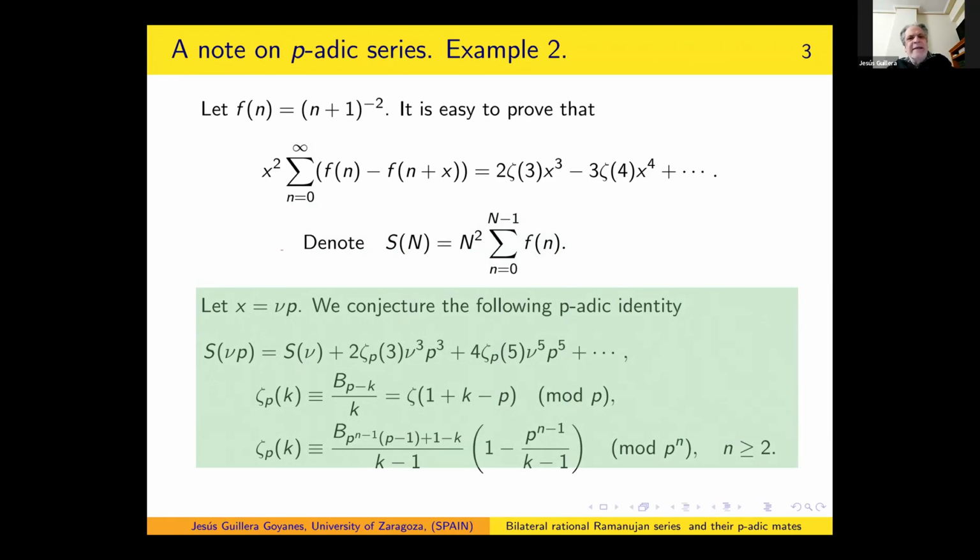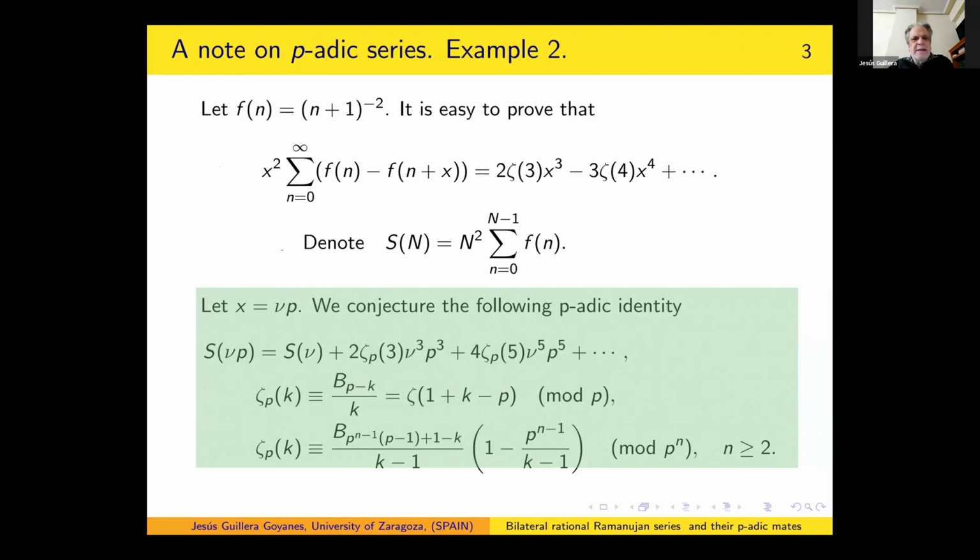And observe that this part of the p-adic expansion is the development above, but with the p-adic zeta.